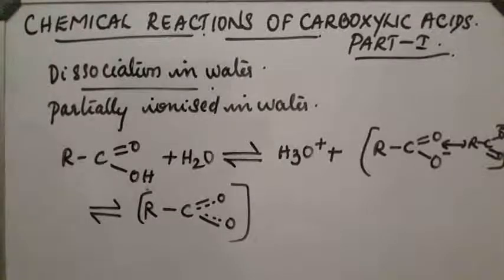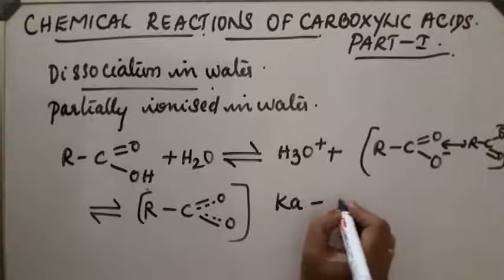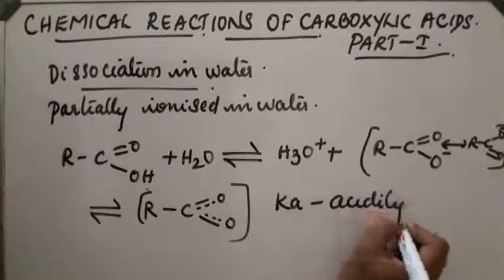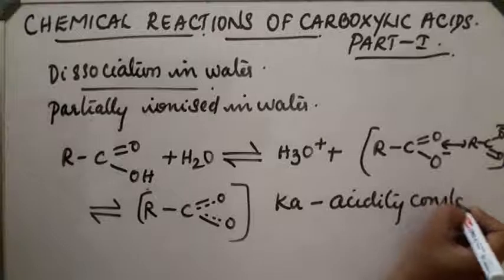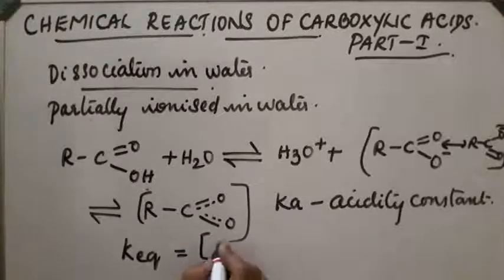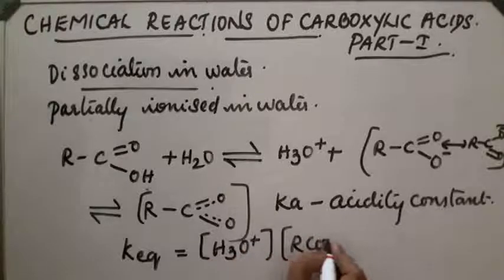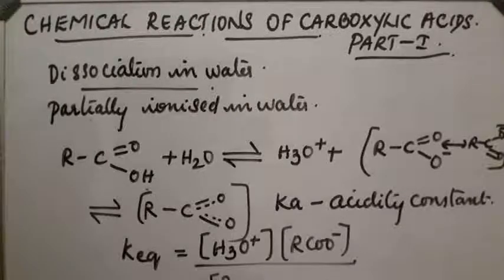Now the acidic strength can be explained by a factor called K. K is an equilibrium constant, which is called the acidity constant. We can calculate the equilibrium constant like this. K equilibrium will be equal to the concentration of the products by the concentration of the reactant: hydronium ion into RCOO minus by the concentration of RCOOH.